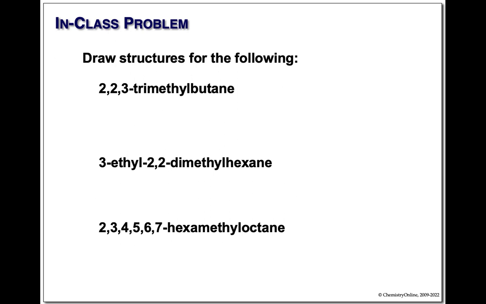So, I would start by drawing my zigzag with 4 carbons. Do that. 4 carbon zigzag. Up, down, up, down. Something like that. Now we're going to pick one end or the other and make it carbon 1. Doesn't matter which one. On carbon number 2, we're going to put 2 methyl groups.